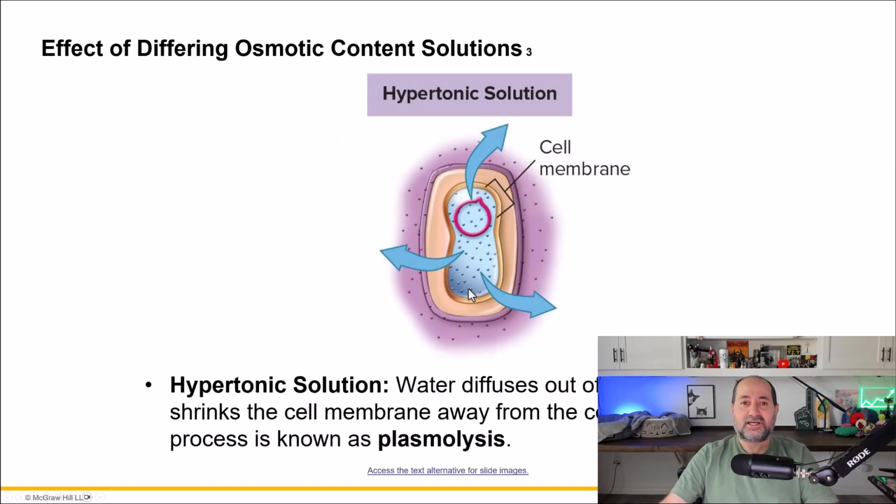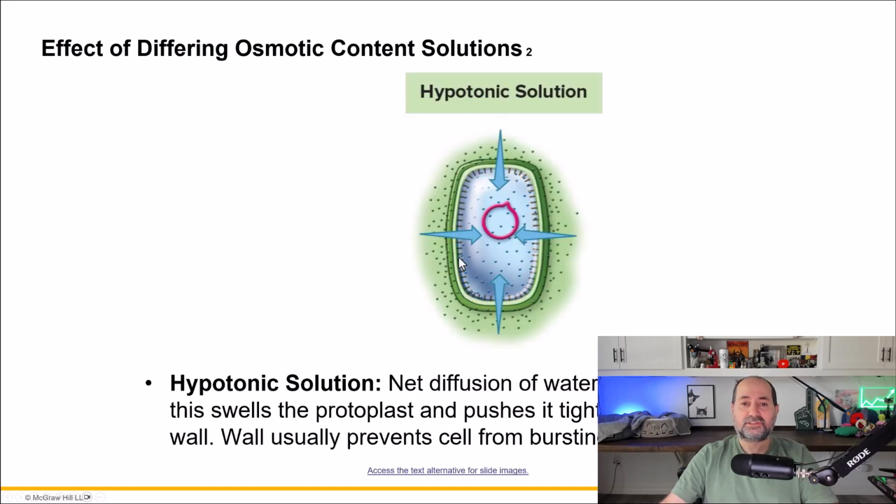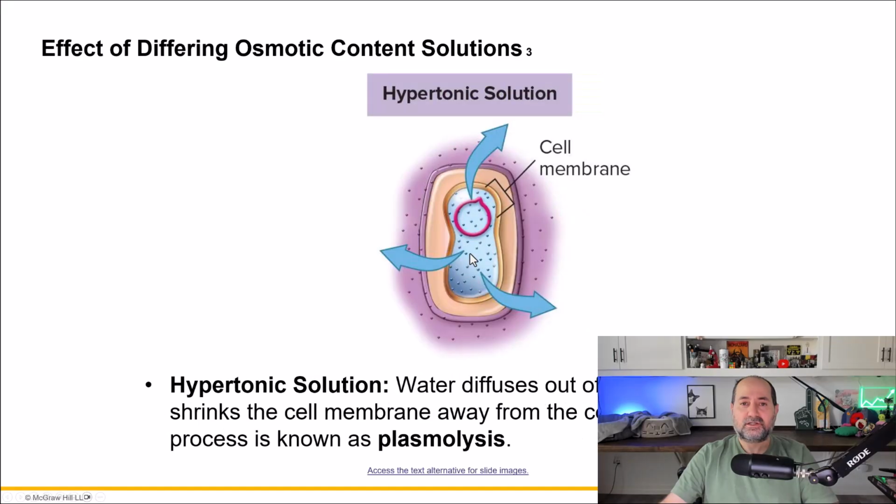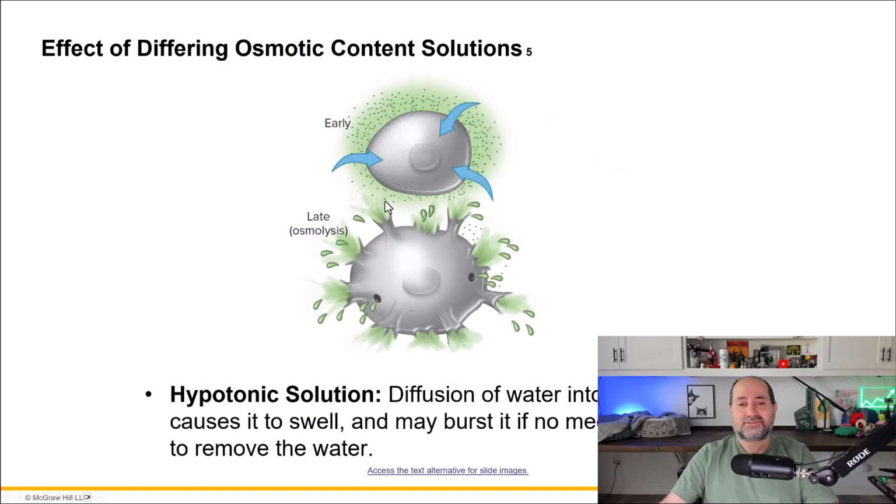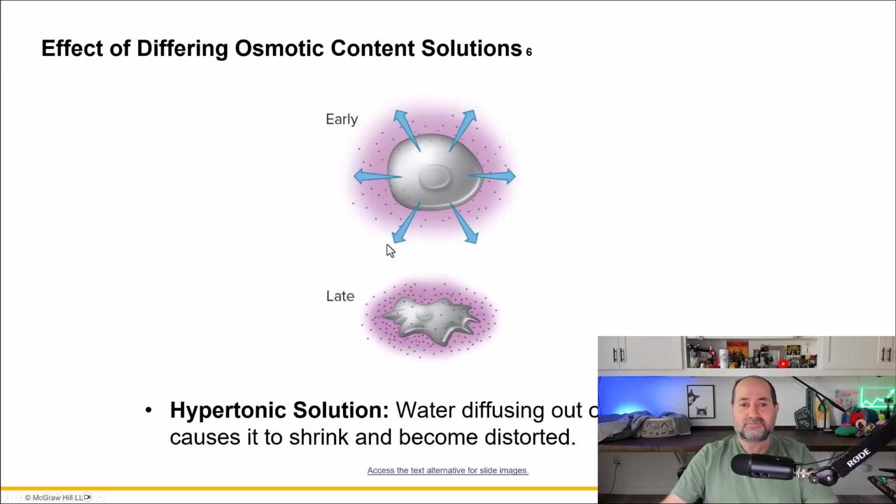You should know that in a hypotonic solution, the cell with the cell wall becomes turgid or high pressured, whereas in a hypotonic solution, the cell without a cell wall becomes lysed. Remember these tonicity questions here.